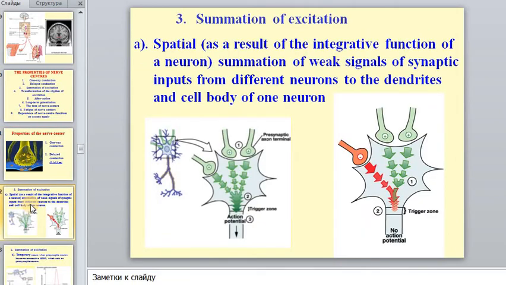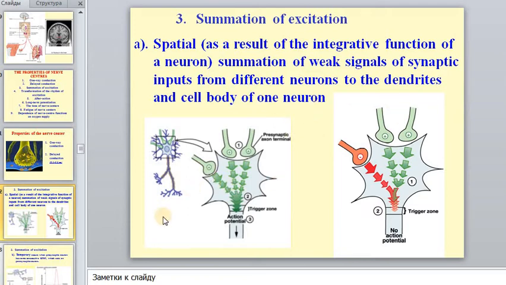So, summation of excitation. We have two kinds of summation. Spatial: as a result of the integrative function of a neuron, summation of weak signals of synaptic inputs from different neurons to the dendrites and even the cell body of one neuron.